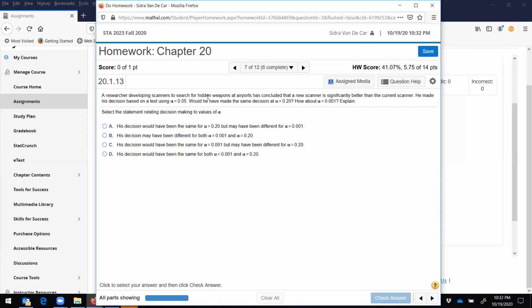All right, so notice that this is saying we think our new scanner is better, so it selects more than the current scanner.